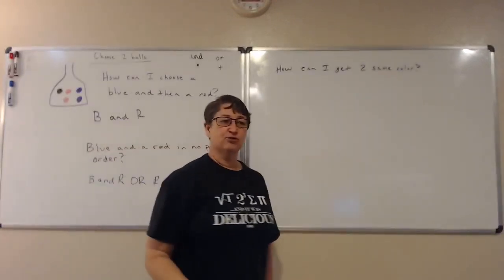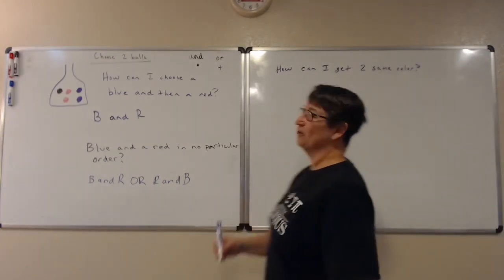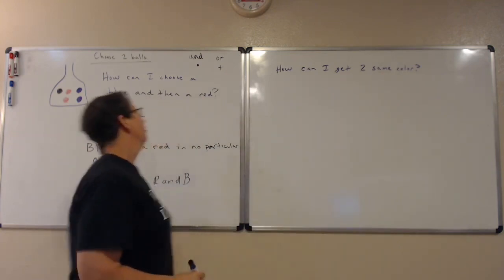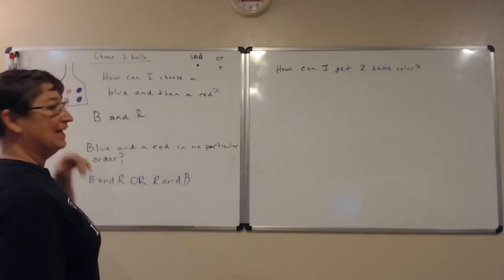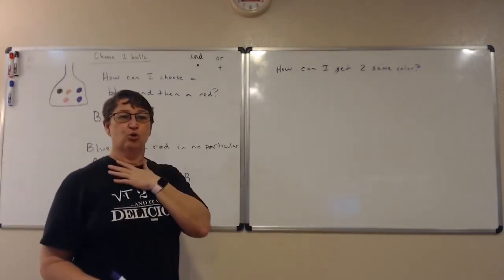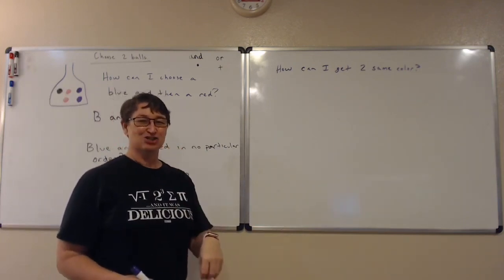So now I want to get two of the same color. All right, so how can I get two of the same color? Well, let's look up here and see, where do I have two of the same color? Now, all of a sudden, it is kind of important that we know whether or not we're putting the balls back in the jar or not.